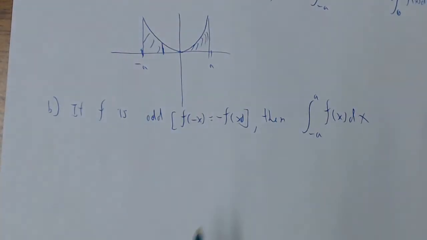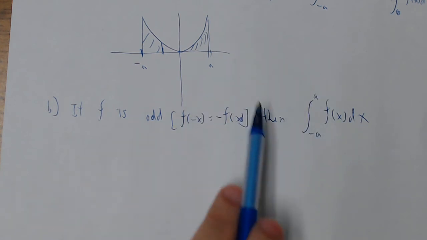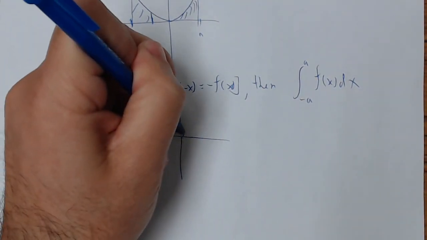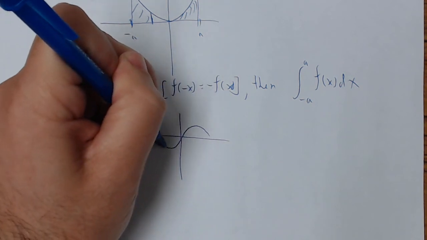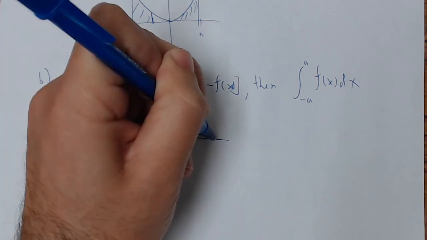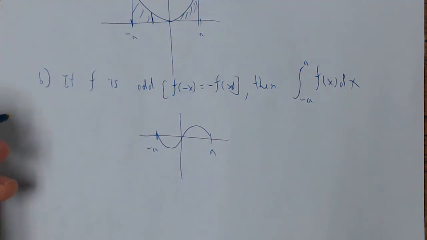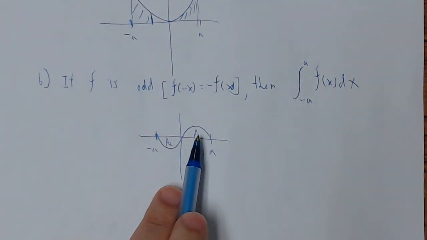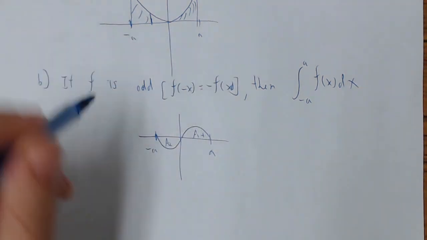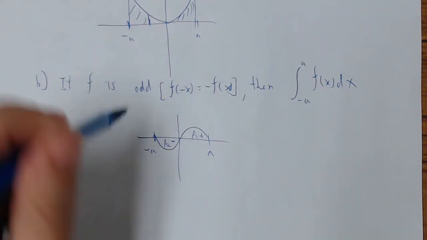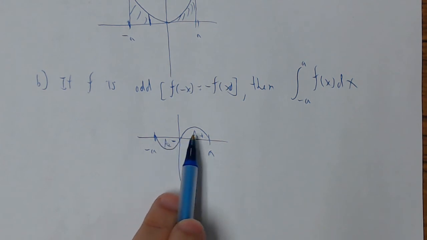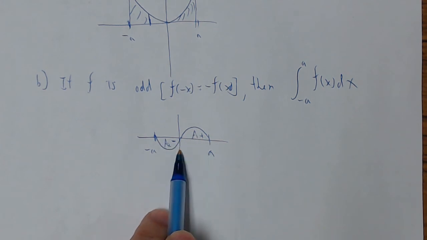We can do much better than part A here, because if I give you a function that's odd, maybe it looks something like this. If this is -a and this is a, let's call these areas A1 and A2. This area is positive, this area is negative, and they're the exact same size because it's an odd function. So these areas basically counteract each other.